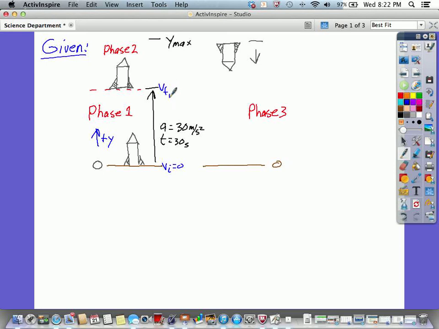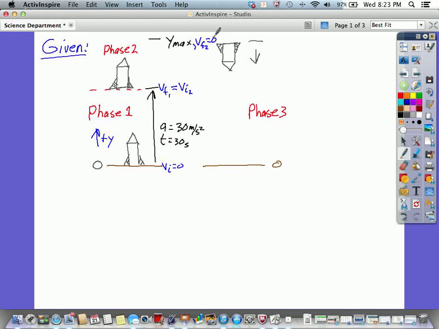Final velocity of 1, but whatever the velocity is at the instant that rocket engine stops, becomes the initial velocity for phase 2. And we also know up at this highest point, my final velocity in phase 2 is equal to 0. At that instant in time, it's equal to 0.